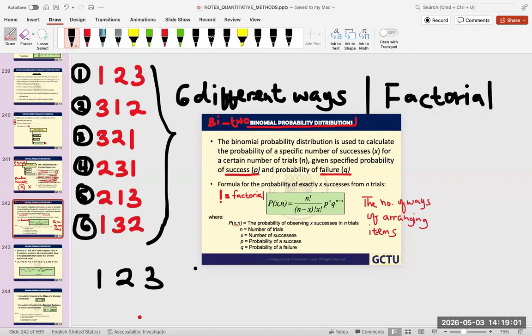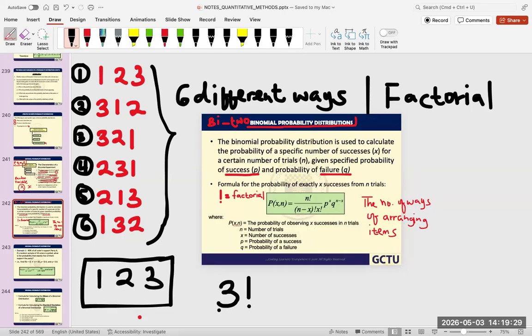So when you are asked that in how many ways can you arrange 1, 2, 3? All you need to write is the number of items, 3. When you count them, you have 1, 2, 3. And then you put the symbol at the back.